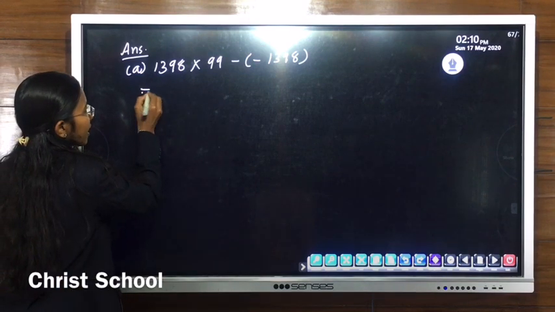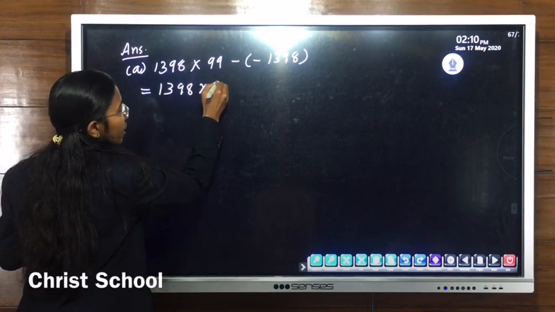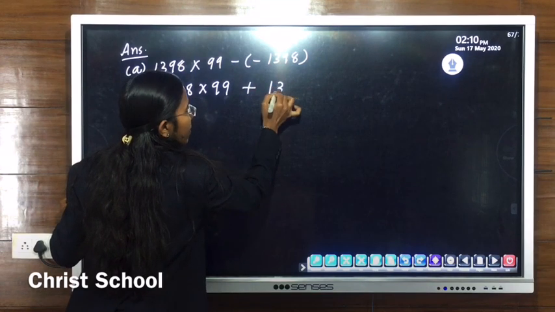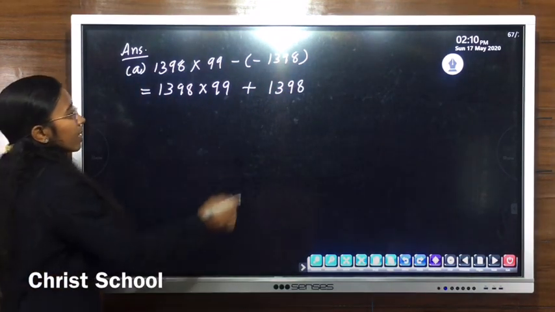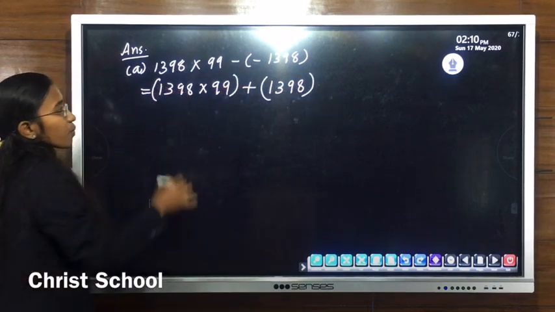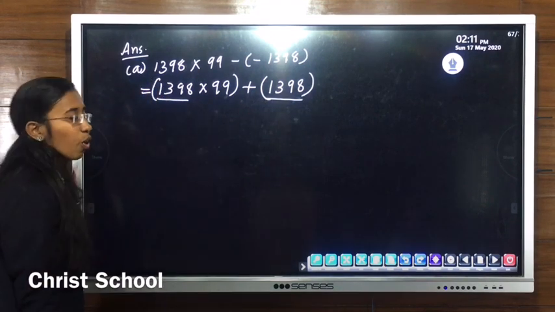So here we can rewrite this one, 1398 into 99 plus 1398. Okay. Here after plus is one term, here is also one term. Here this term and this term is common.